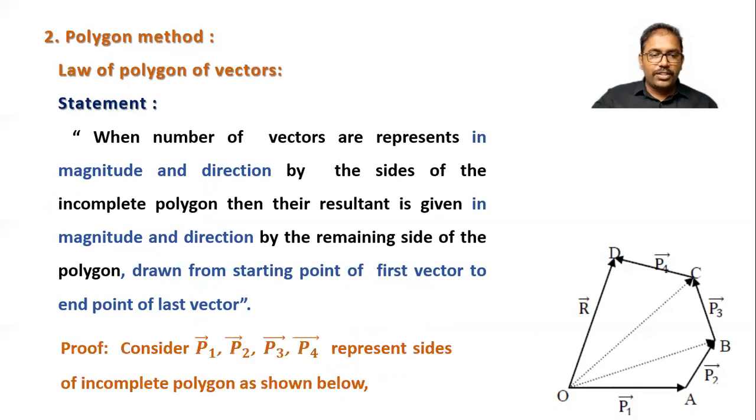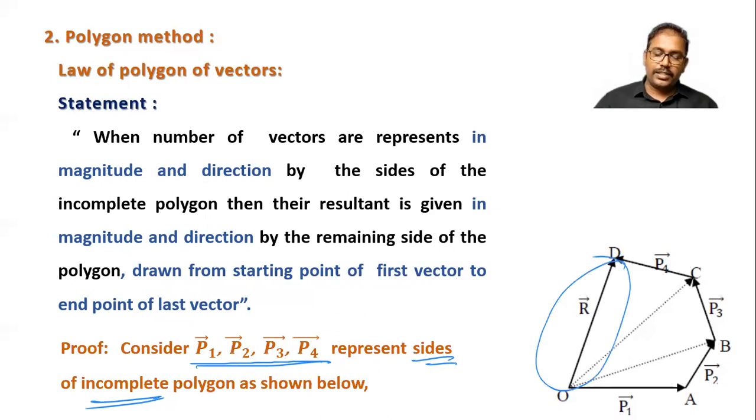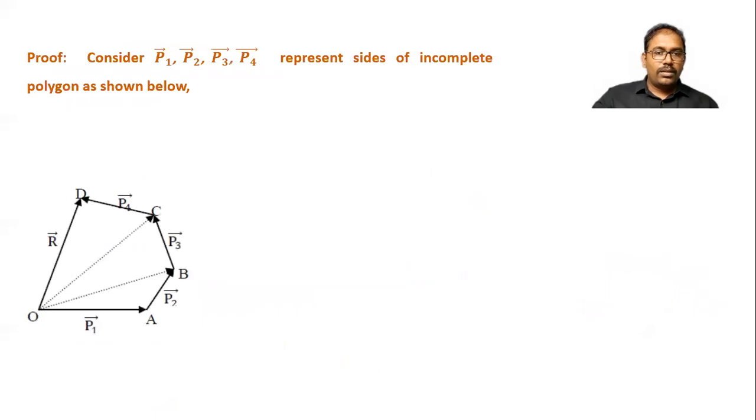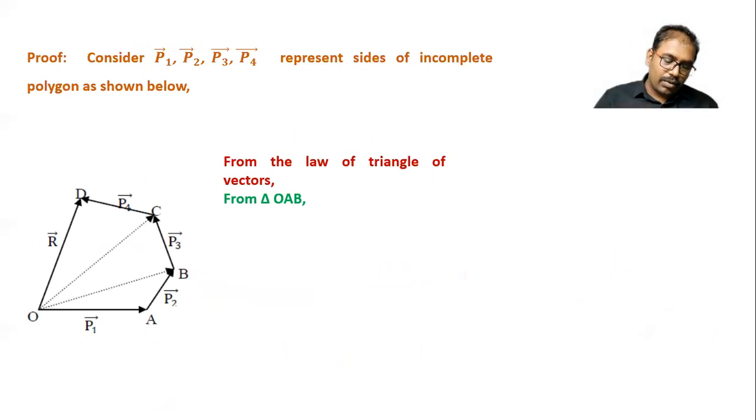Now let's see the explanation of this. So consider P1, P2, P3, P4 bar representing the sides of an incomplete polygon. So don't consider this R bar first. The remaining sides we consider. Now, after that, from triangle OAB, you can see this triangle OAB.